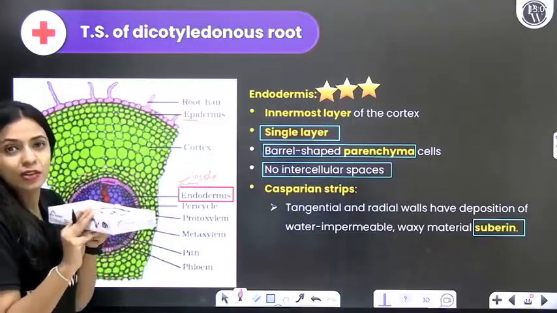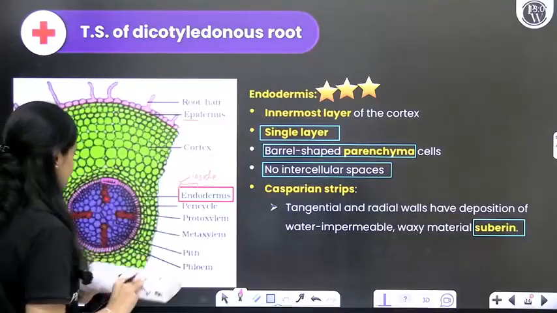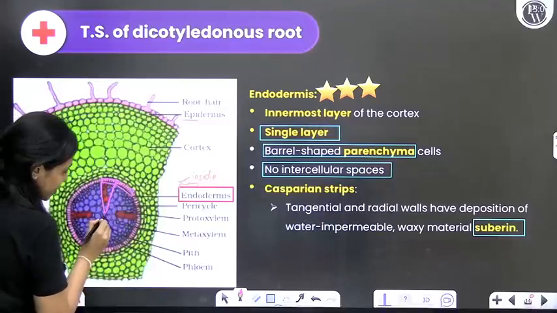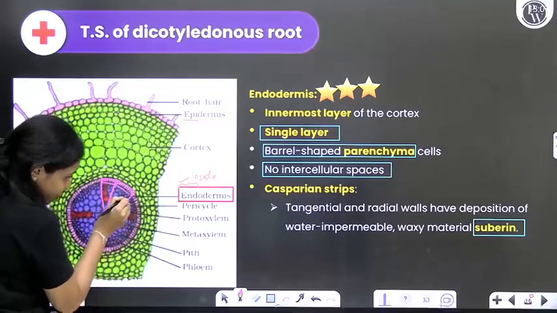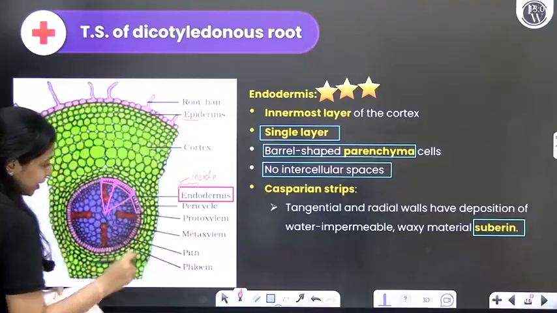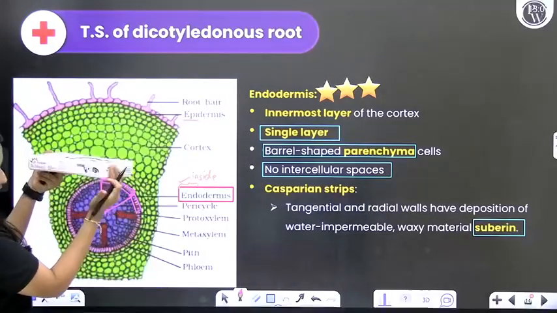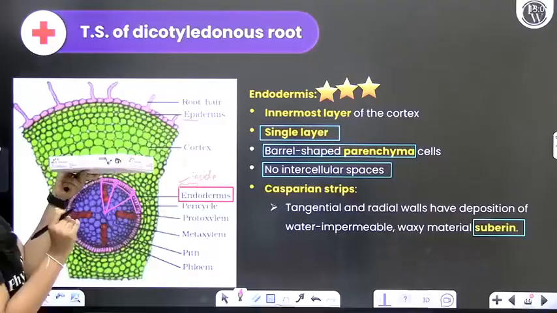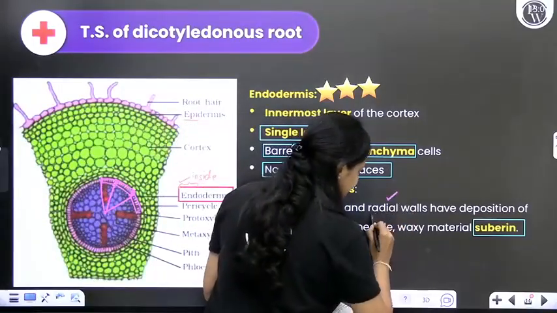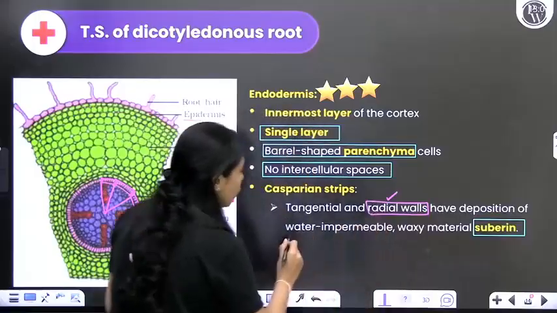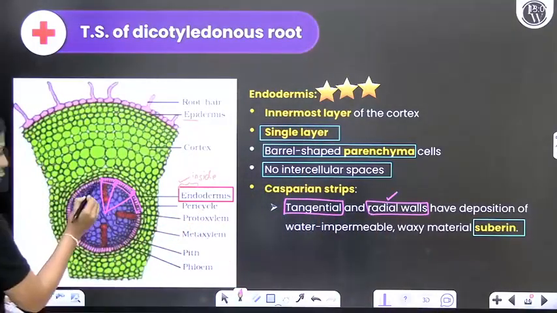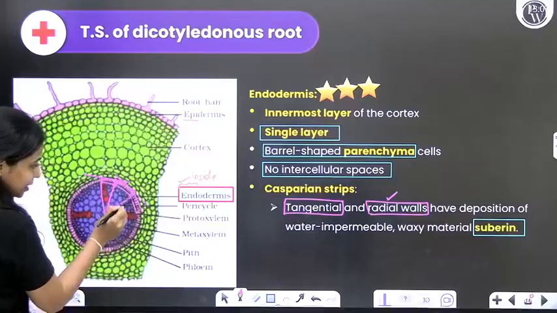So let's assume this is the cell. In the radial walls of the cell, radial walls means draw a radius from here. If you're drawing a radius from here, which wall will be along the radius? Those walls are called the radial walls. If this is the cell, this wall and this wall are the radial walls. Also in the tangential walls, how do you draw a tangent to a circle? You draw a tangent like this, right? These are tangents.